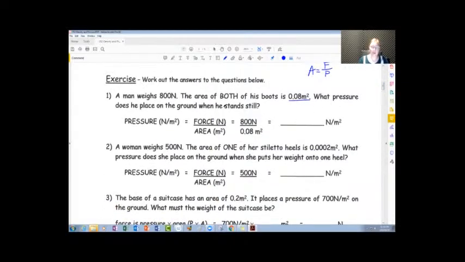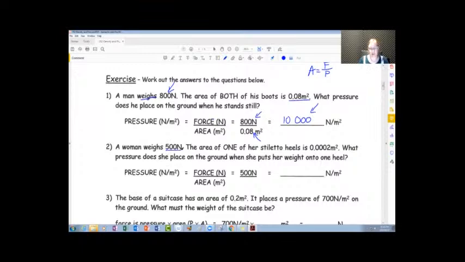Our force is his weight, so that is the 800 newtons, and that is how big his feet are. If we put that into our calculators, we end up with 10,000 newtons per square meter. This is the amount of pressure a normal man who weighs 800 newtons puts on the ground.